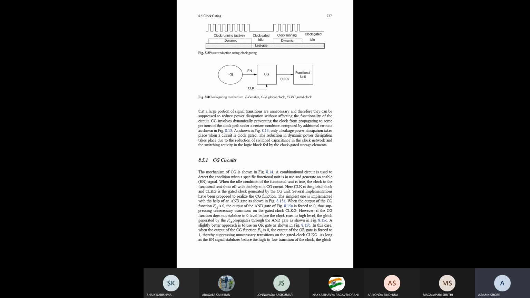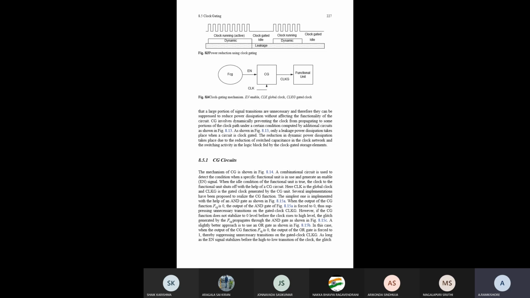Whenever clock gating is present with a specific device, it will completely reduce the power dissipation without affecting the functionality of the circuit. The clock gating signal will not disturb the functionality or working condition of the circuit.